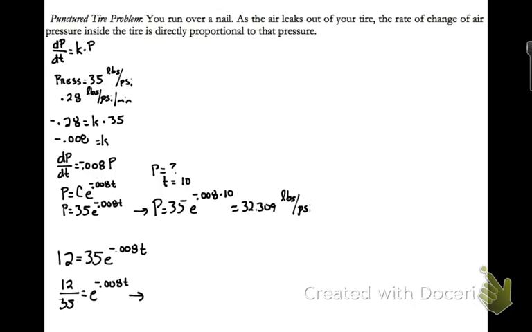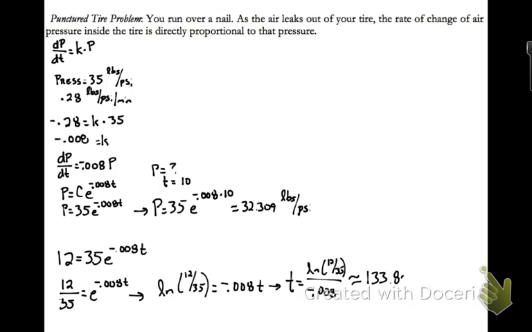So this is the natural log of 12/35 must equal negative 0.008 times t, which means that t must be equal to exactly the natural log of 12/35 divided by negative 0.008, which means that t is about 133.805, and that's minutes.